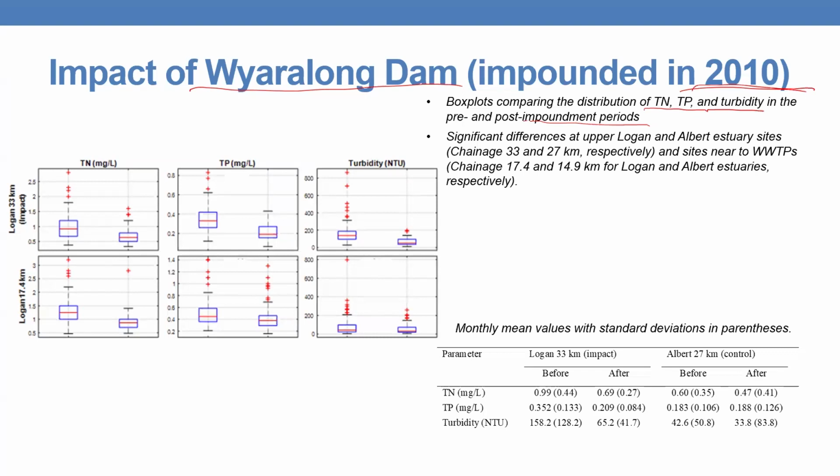After the completion of the dam, the water quality has improved. The dam has played a big buffer role upstream. That's what we are able to get from the result, which very clearly shows the impact of the dam on the water.